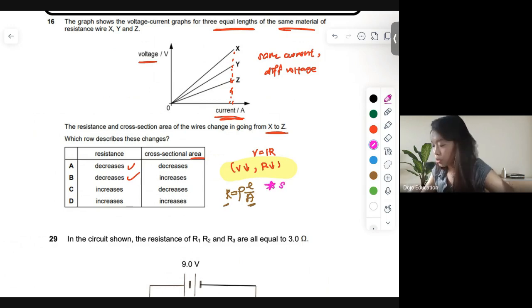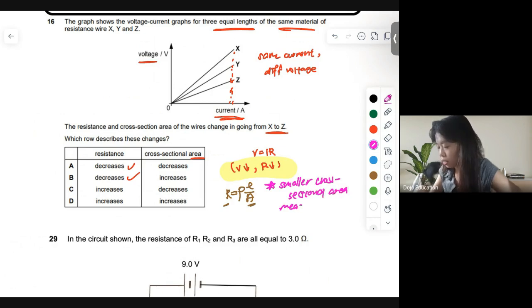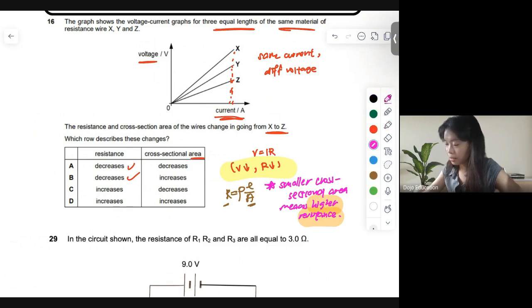A smaller cross-sectional area means higher resistance. In this case my resistance decreased, which means my area increased, because they are inversely proportional.